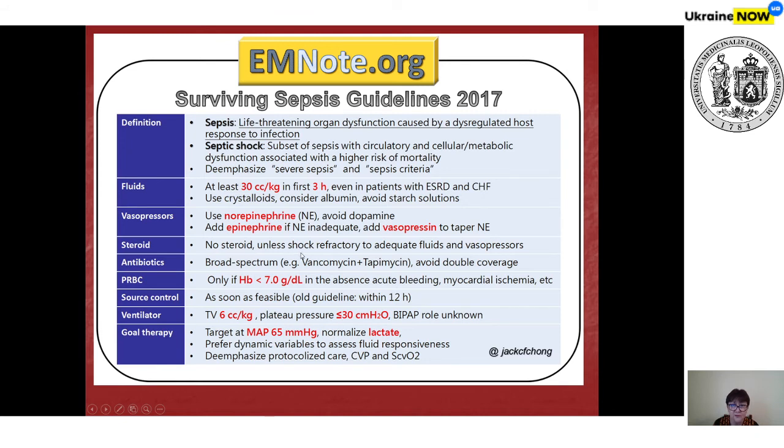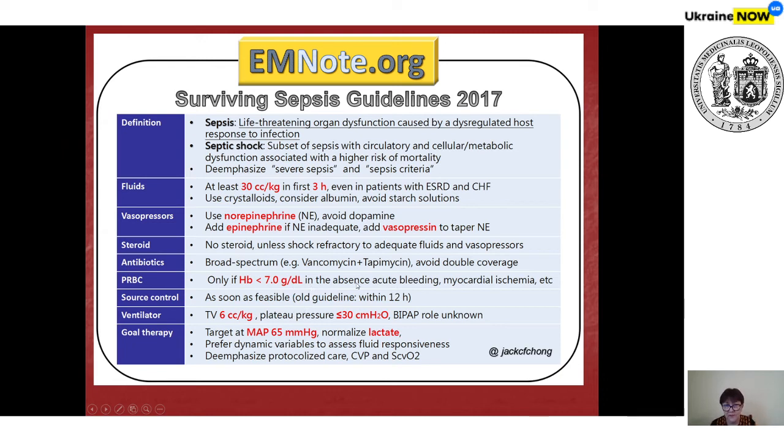Steroids: no steroids are recommended unless shock is refractory to adequate fluids and vasopressors. Antibiotics: broad spectrum, avoid double coverage. Red blood cells: the goal level of hemoglobin may be 70 grams per liter. Source control as soon as feasible.